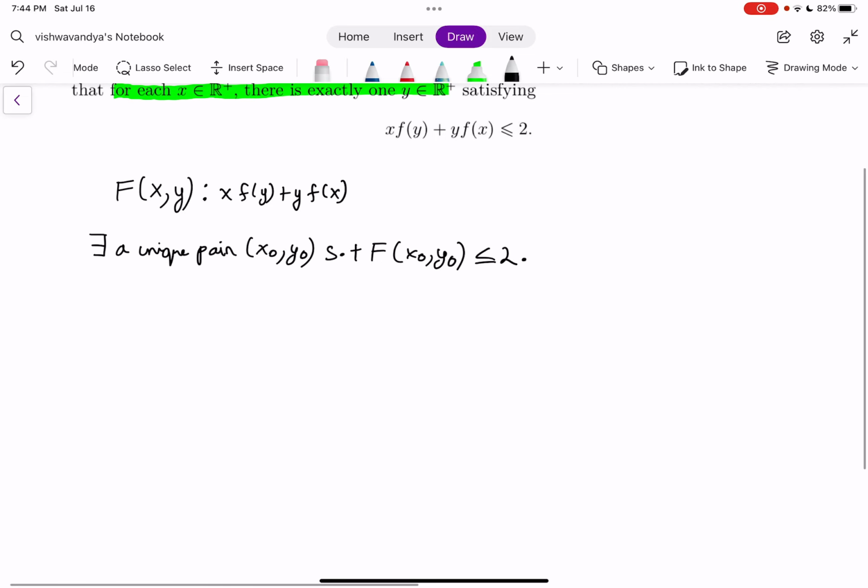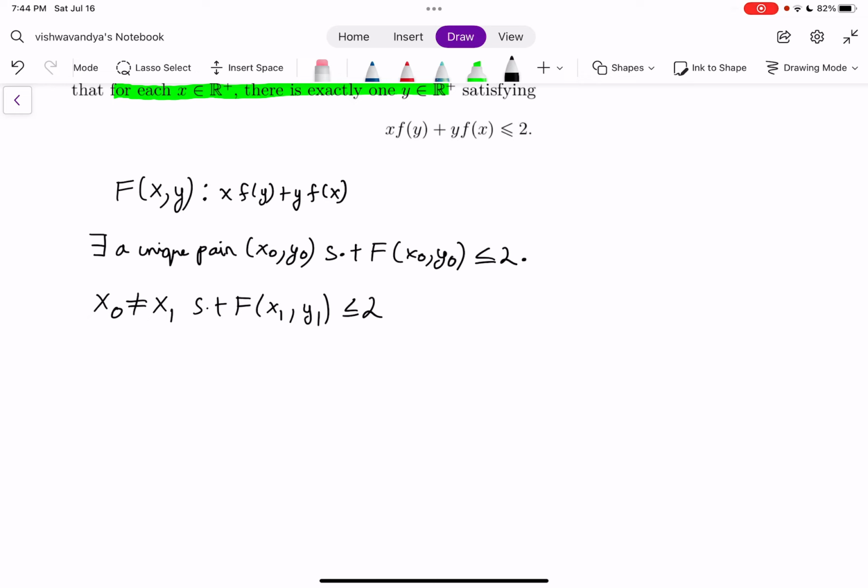Let's take another solution, say x1. We'll choose the other unique pair as x1, y1, and in particular x1 different from x naught, such that f of x1 comma y1 is less than or equal to 2.